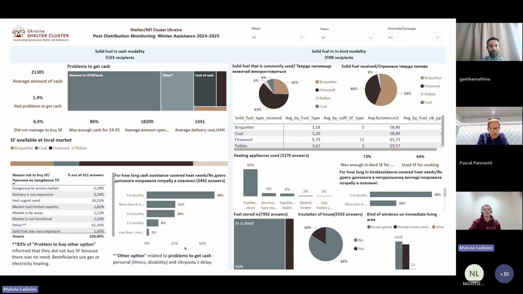Also, this dashboard helped us to understand the preferences of the beneficiaries. You can see two pie diagrams in the right upper side of the slide. They show that the commonly used solid fuel for households in Ukraine is firewood, but as a result of last winter season's distribution, in the majority of cases partners provided briquettes.